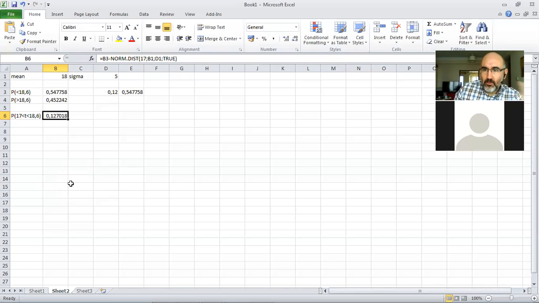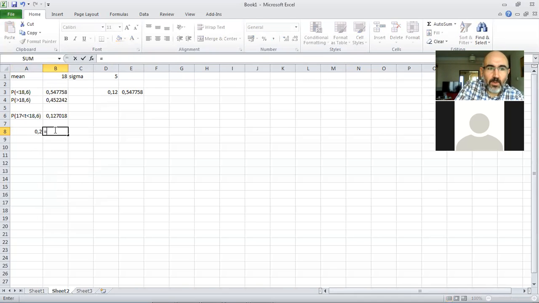The other problem we had was, given a probability, find the corresponding normally distributed value. Find the download time such that 20% of the download times will be less and 80% will be above.